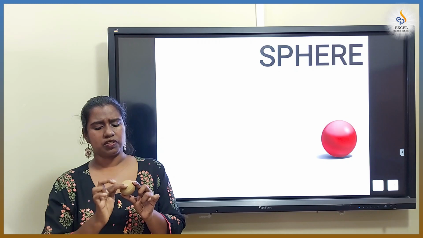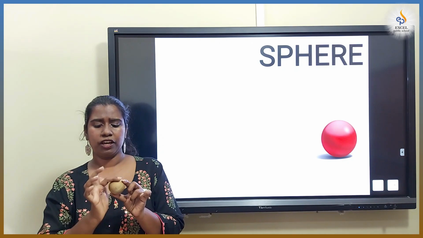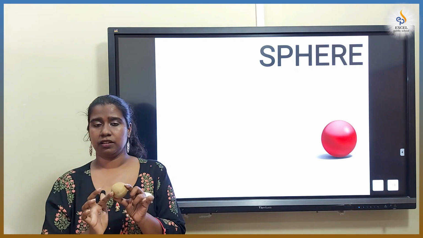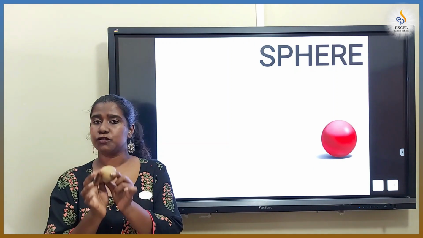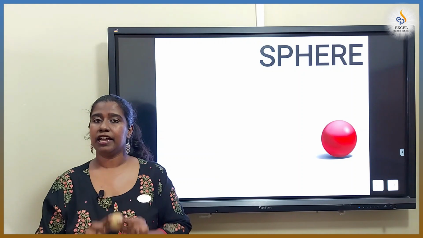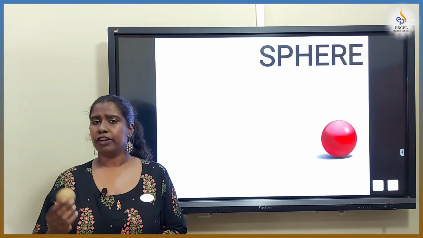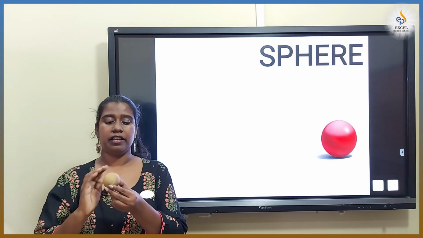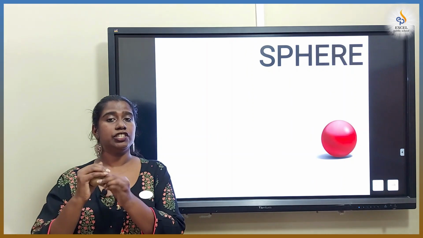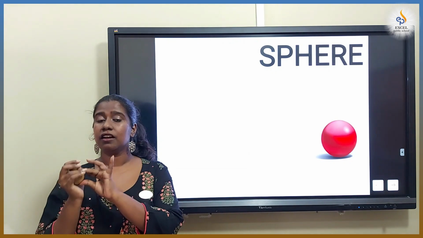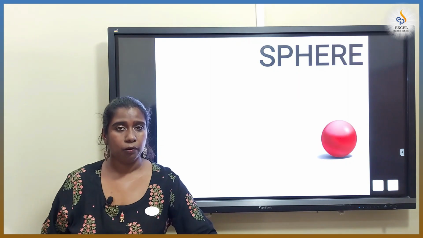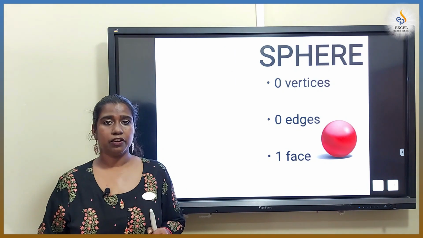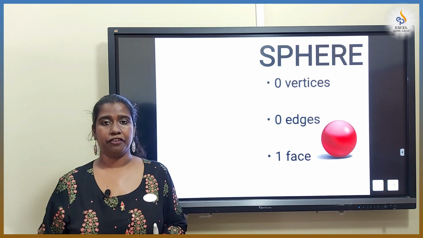What about edges? Run your finger along and check whether there are edges. No, a sphere does not have any edges also. Faces? Definitely it will have a face. There is one face which is not flat. It is a curved face. So, a sphere has 0 vertices, 0 edges and 1 face.